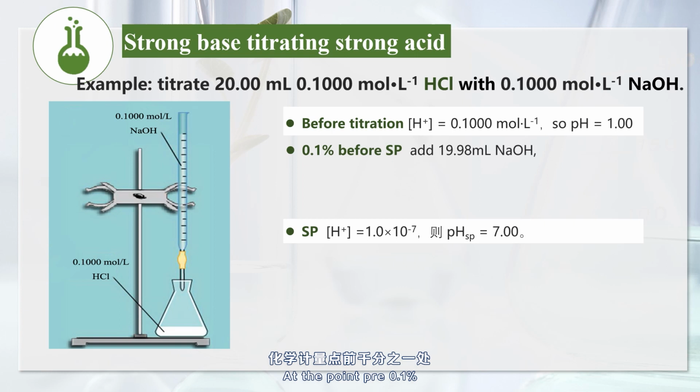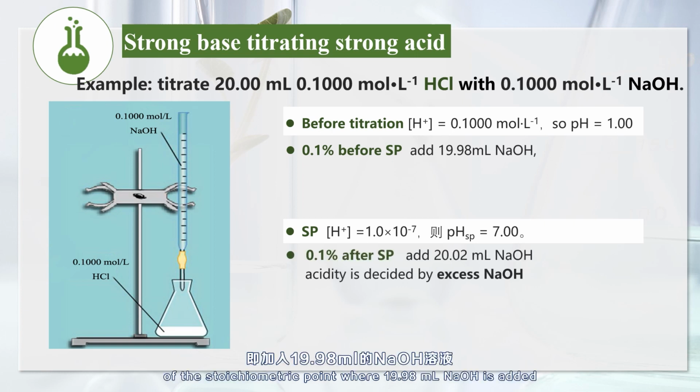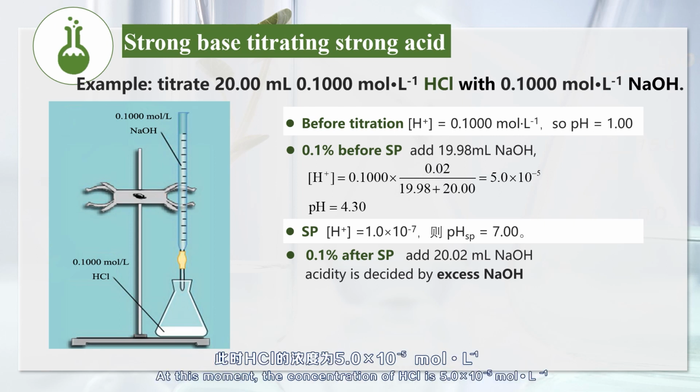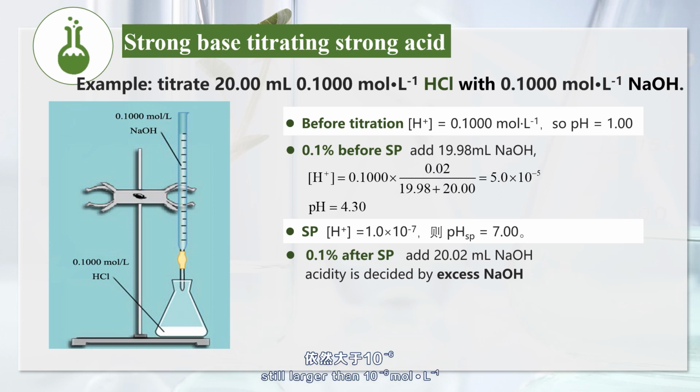At the point 0.1% before the stoichiometric point, where 19.98 ml sodium hydroxide is added, the hydrogen in the solution primarily depends on the excess 0.02 ml of hydrochloric acid. At this point, the concentration of hydrochloric acid is 5 times 10 to the minus 5th power mol per liter, still larger than 10 to the minus 6th power mol per liter.